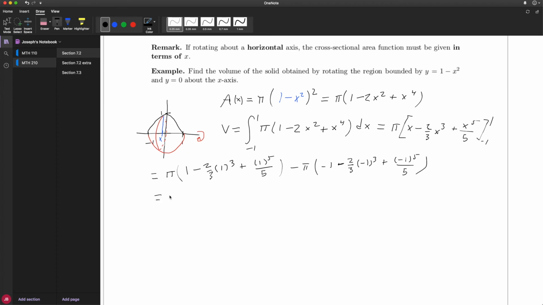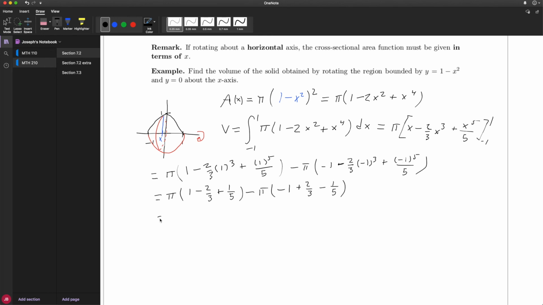So we get pi times 1 minus 2/3, well, let's just leave it like this. Let's not get ahead of ourselves. And same thing here, we get minus 1 plus 2/3. Minus 1 cubed is minus 1, so it's going to cancel with that negative. And similarly, minus 1 to the 5th is minus 1.